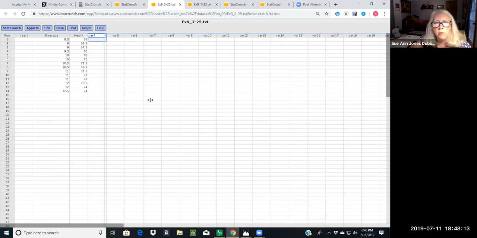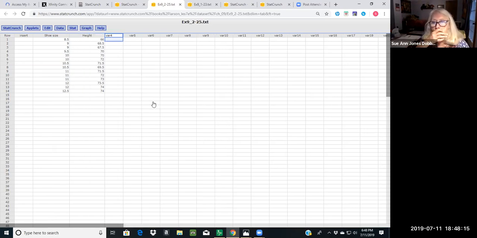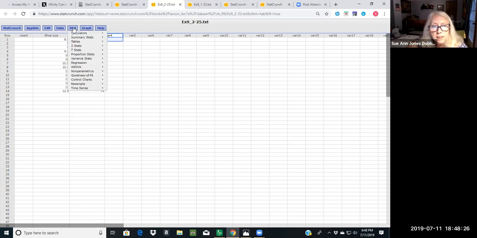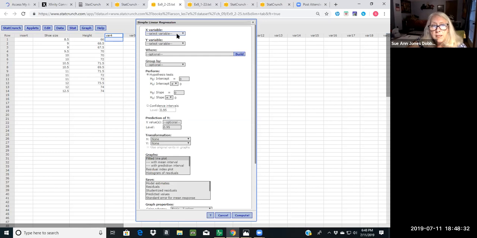But let's look and see if we can prove that. So to do this, I'm going to go to stat, down to regression, over to simple linear, and then the x value is shoe size, and the y value is height.